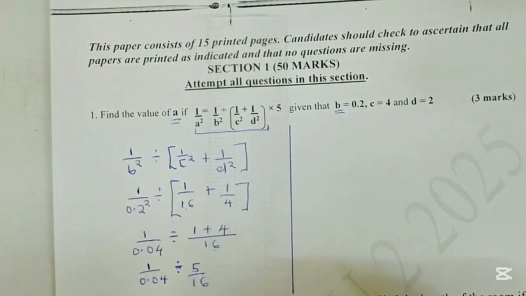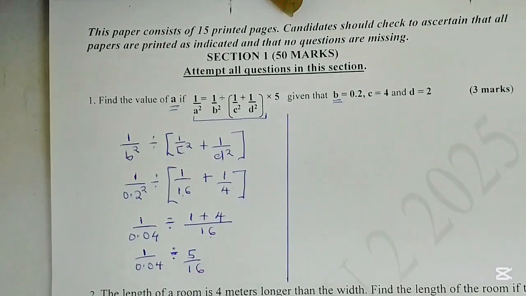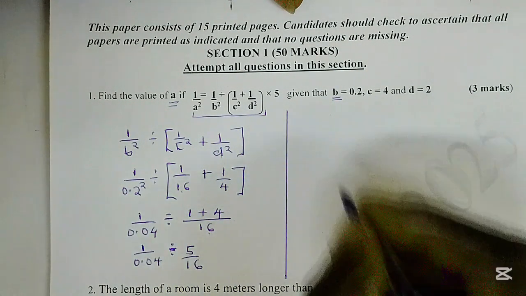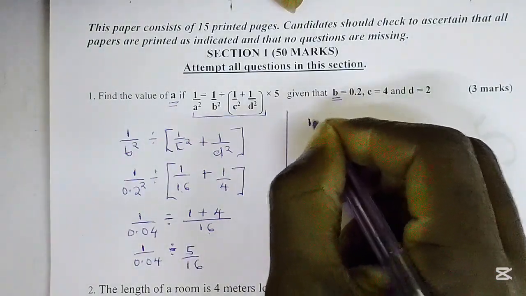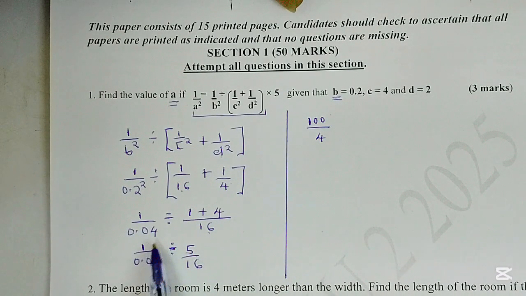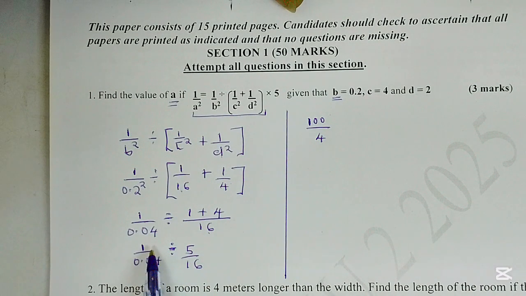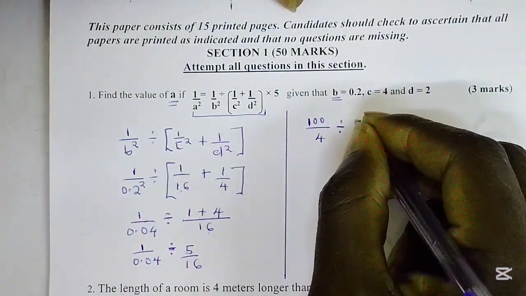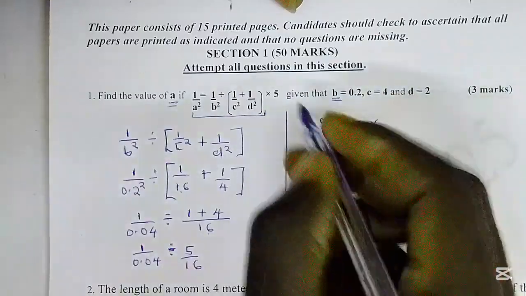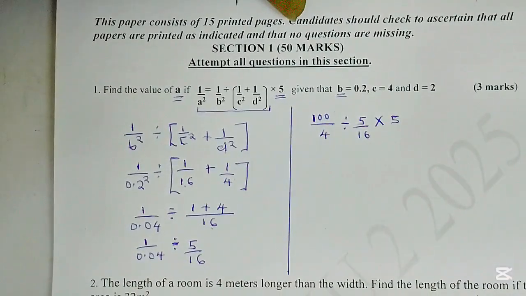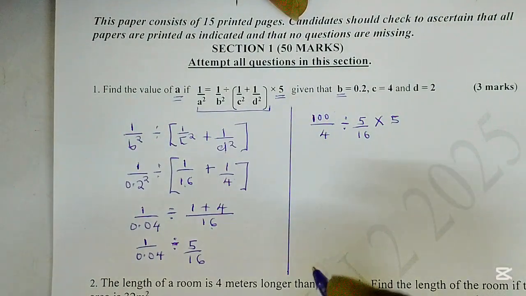Now, we go ahead. We are going to have 1 over 0.04, which is just the same as 100 over 4. It's like you are multiplying the numerator and the denominator by 100. Then this one is divided by 5 over 16. Then multiplied by, remember it was being multiplied by 5. So, following the BODMAS rule, division takes precedence.